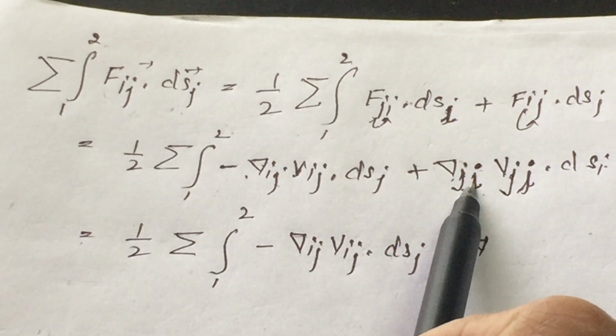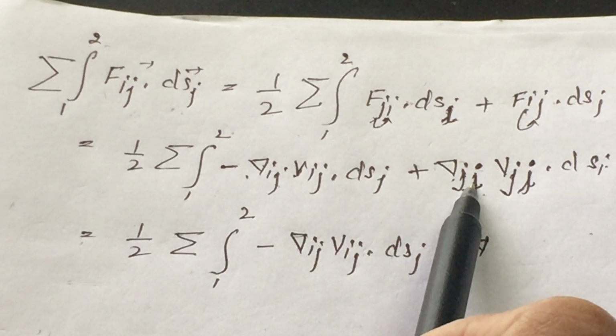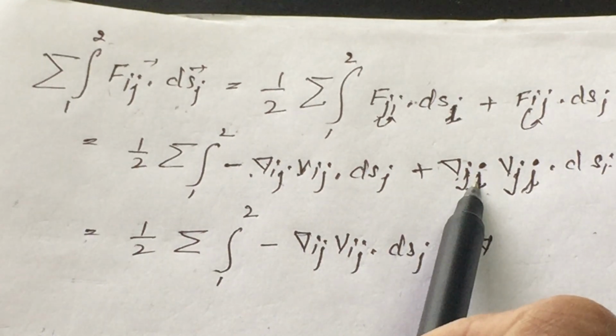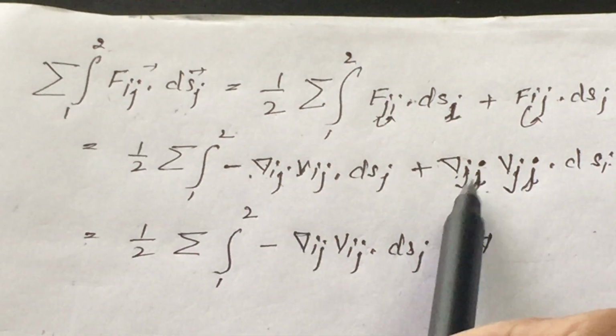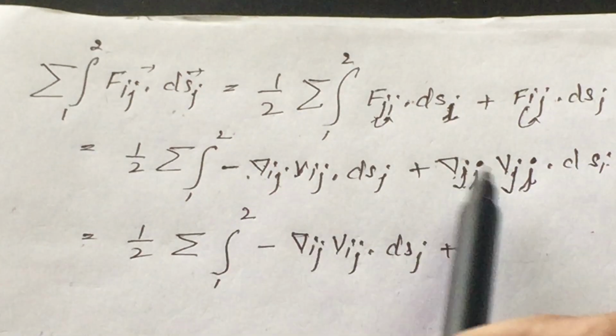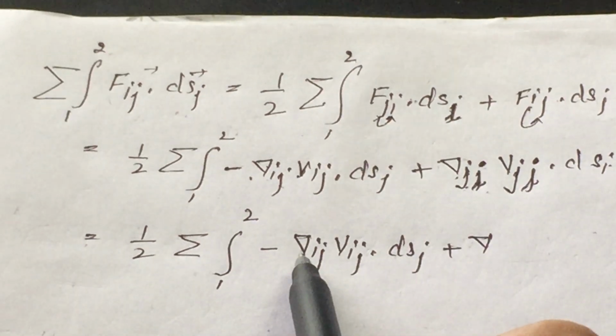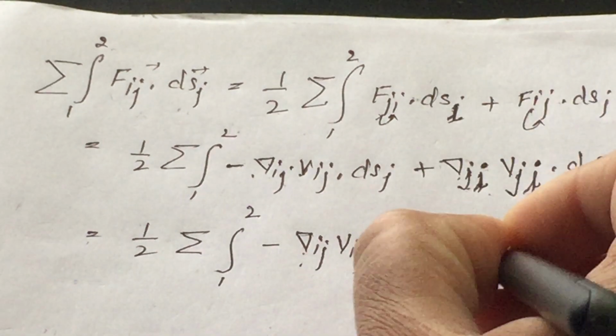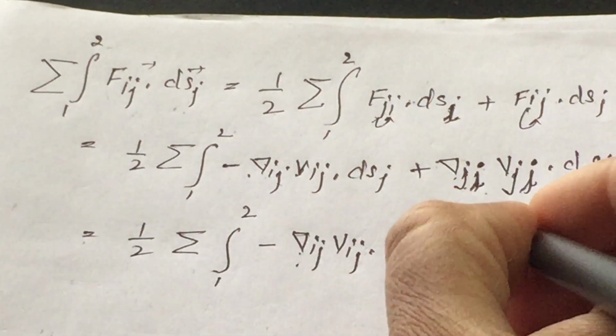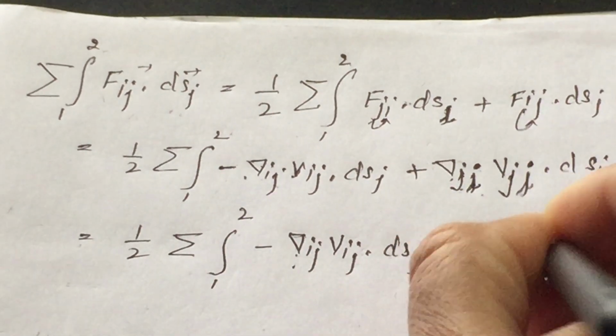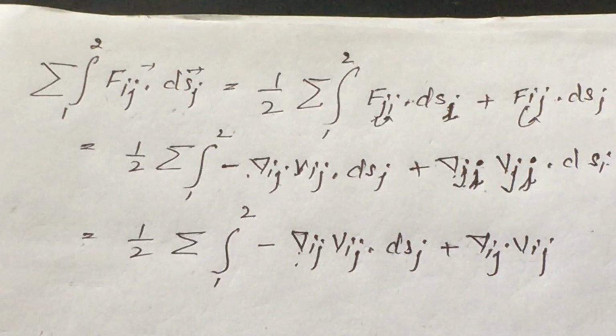Rij or rji, they are representing the same distance, the distance in between the ith particle and the jth particle. So we are putting these two del operators as same, that is del ij, and now we are putting again this del ij. Vij and Vji both are representing the same scalar quantity.